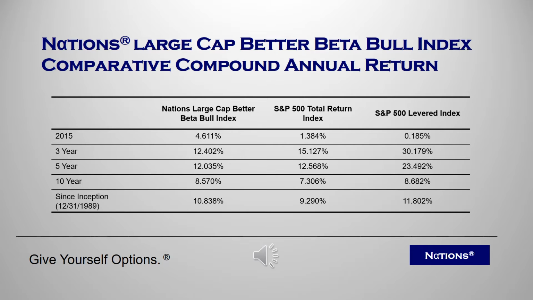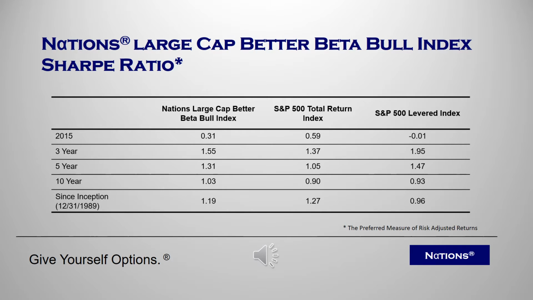Because of daily compounding, levered products often see returns that are dramatically different from what users might expect. The nation's large cap Better Beta Bull Index generates risk-adjusted returns similar to the unlevered S&P 500 Index and superior to those of the traditional levered methodologies.